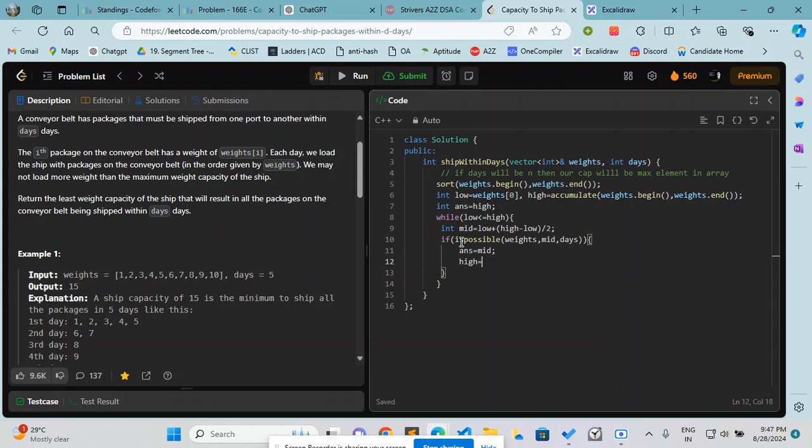So we go to the lower capacity, that is why high is equal to mid minus 1. If not possible, then we have to try to increase our capacity.